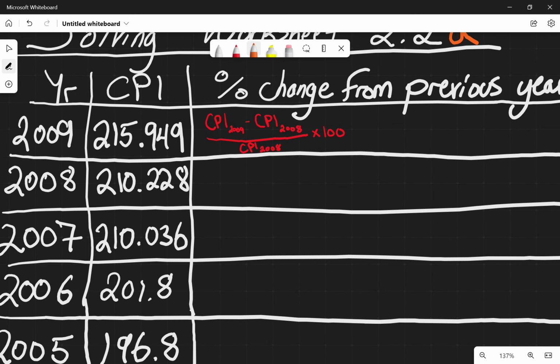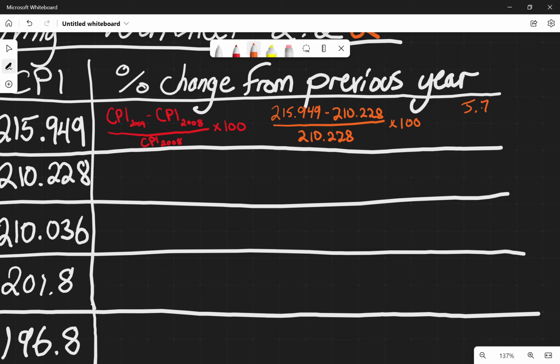So putting this in our calculator gives us a difference of 5.721. We're going to divide that by 210.228, and then multiply that by 100.